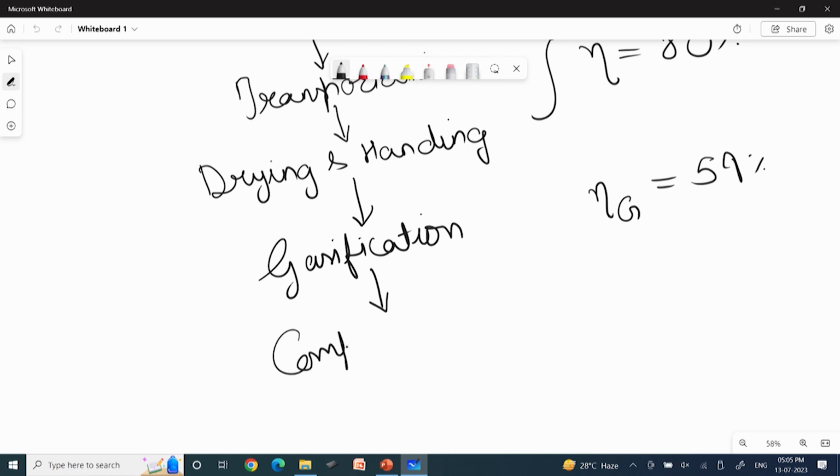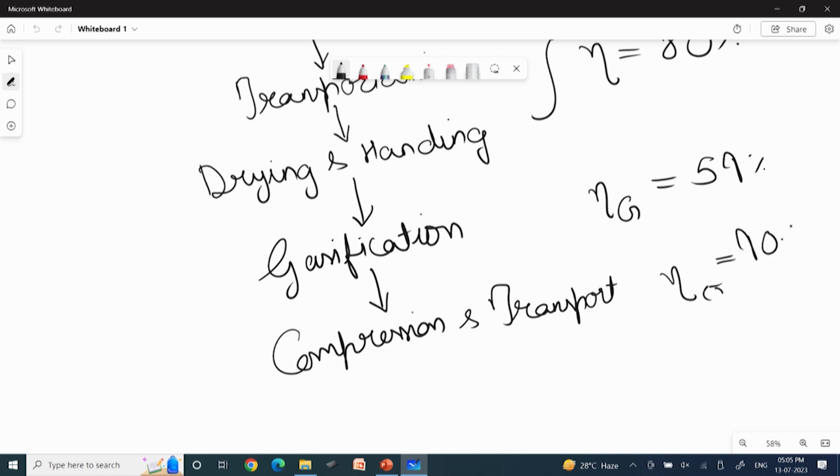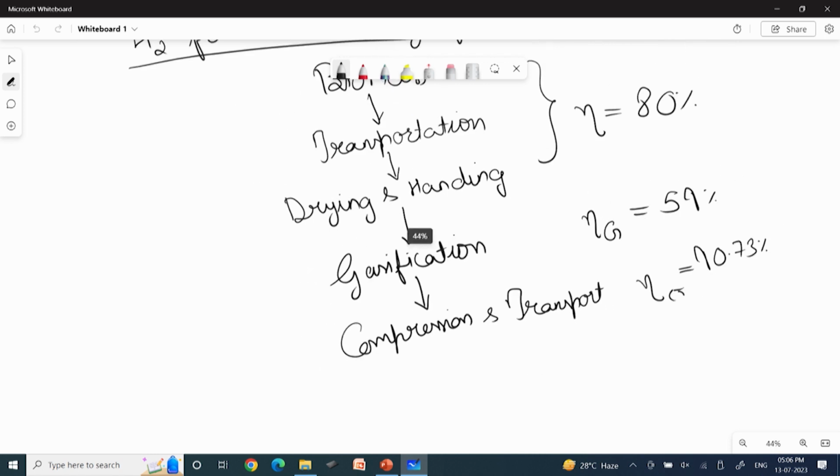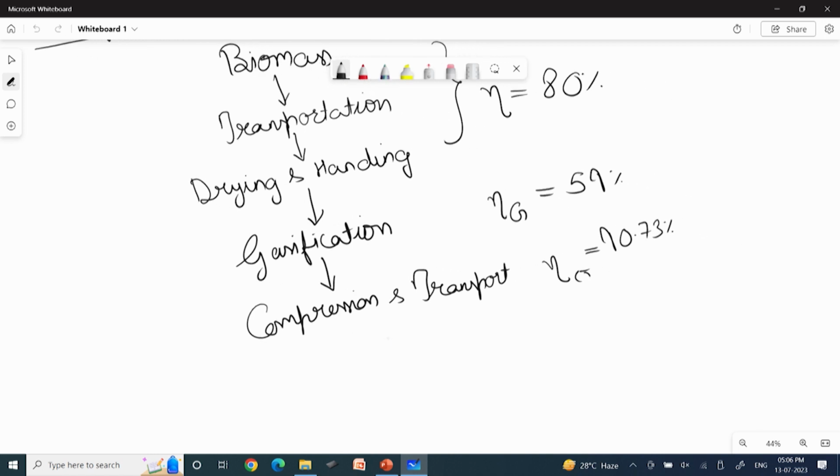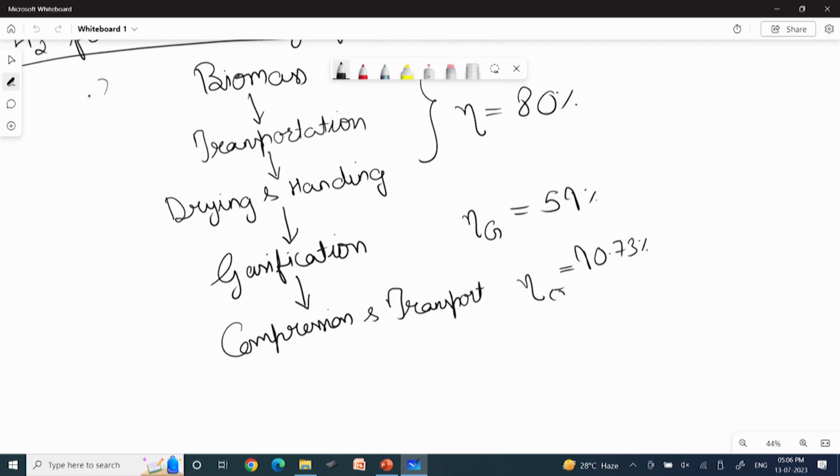So we would have compression and transportation, and also some kind of gas conditioning would be needed. So an efficiency of collection and transportation could be assumed to be around 90.73%. And this overall gives you the total efficiency in terms of the well to tank, and in this case this would come to roughly 43%.